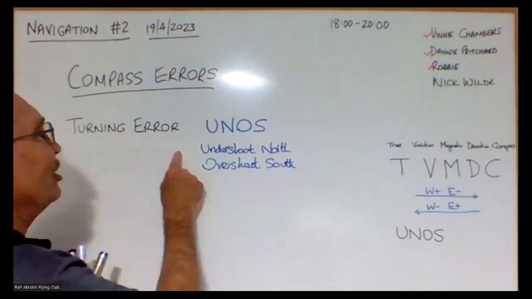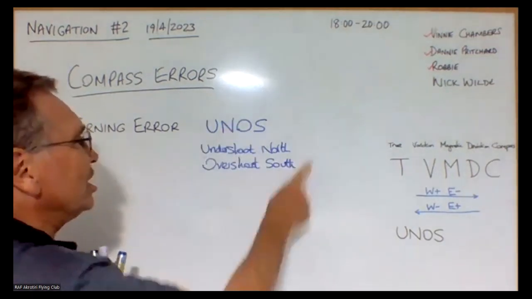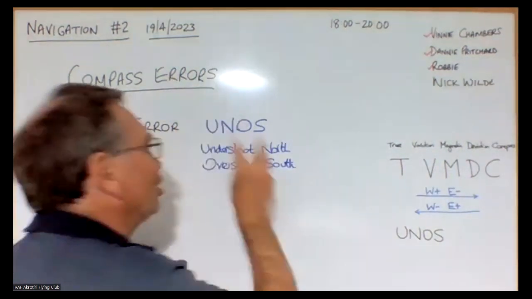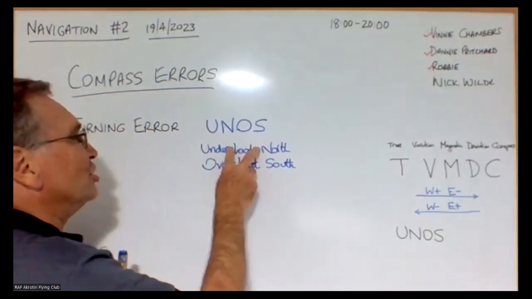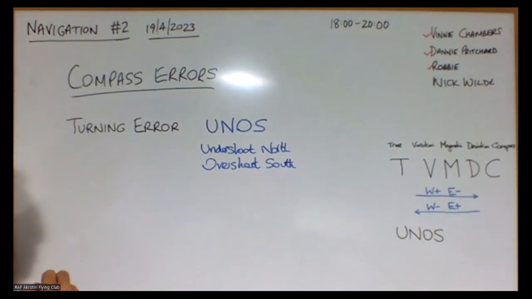And we call this a turning error. And this is all you need to know: if you're turning onto north, you have to undershoot. If you're turning onto south, you have to overshoot.